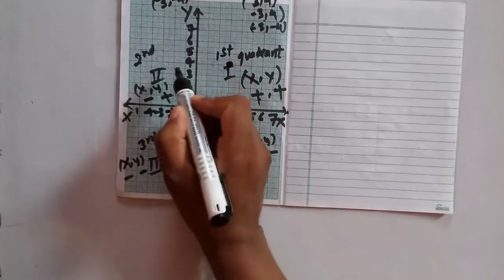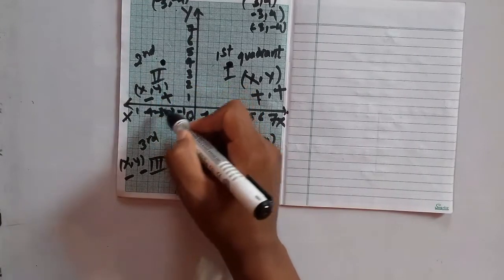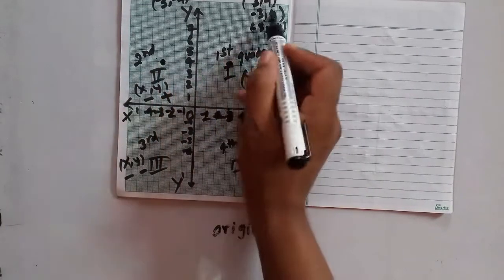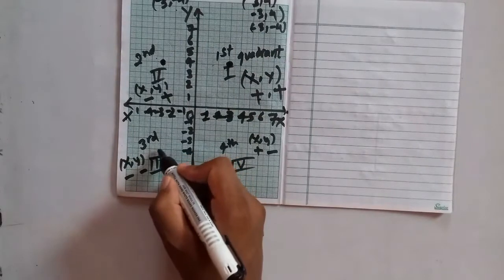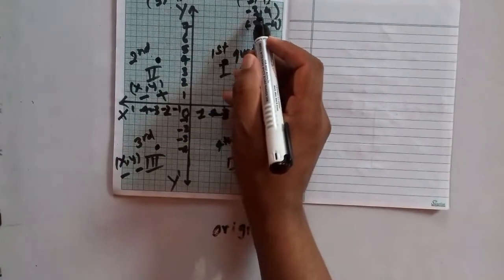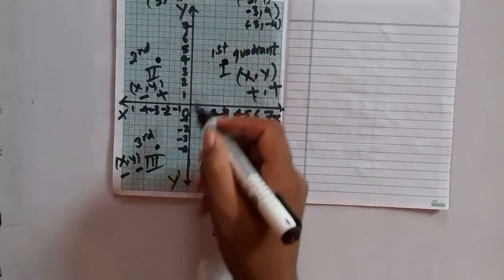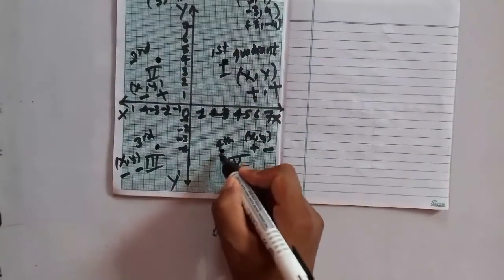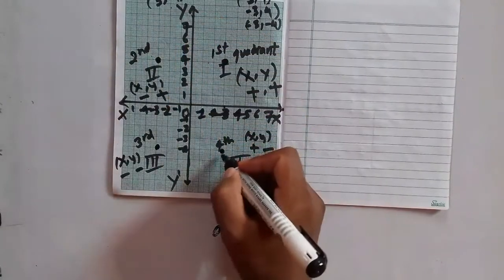And similarly this is the point (-3, 4), this is the point (-3, -4), and this is the point (3, -4).